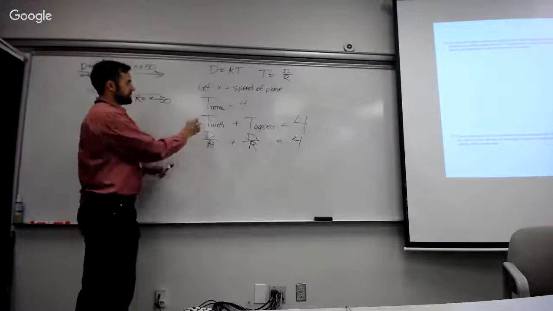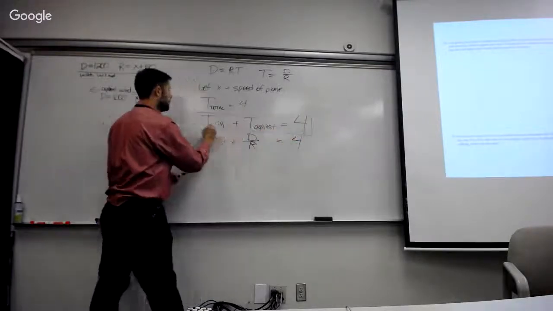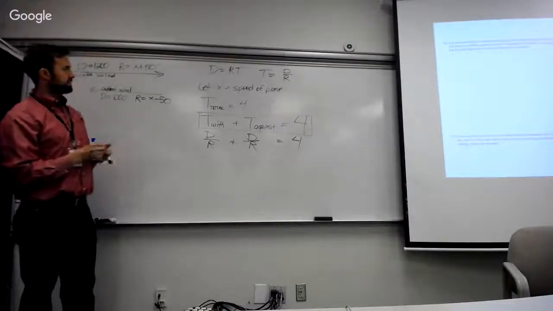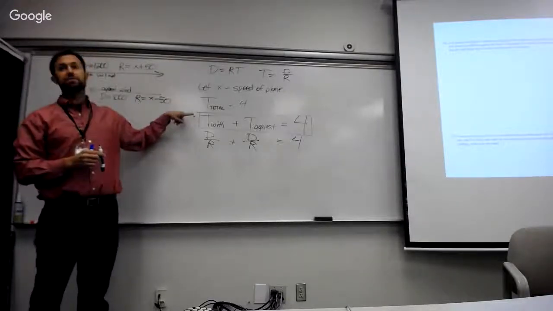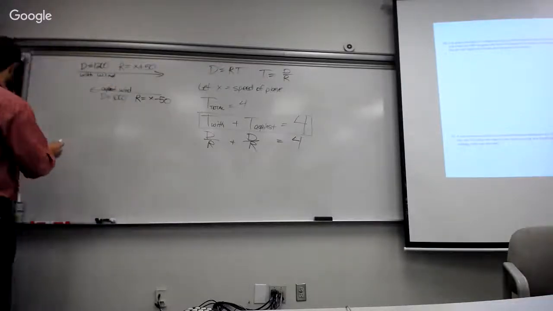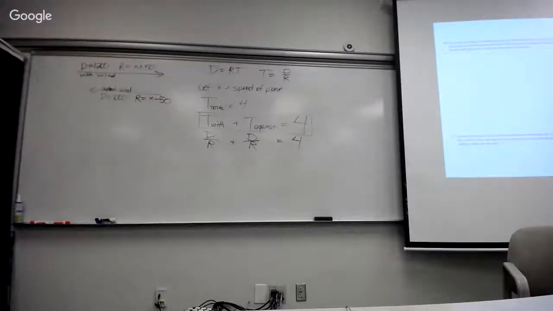By the way, this was the ultimate formula. I wrote down the time total was 4. That was just writing down some notes about what's happening. This is the actual formula that's going to drive our problem. Remember how long ago I said there are 4 steps to a word problem? The first one is drawing a picture, which we did. The second step is making an equation, and that's our equation.